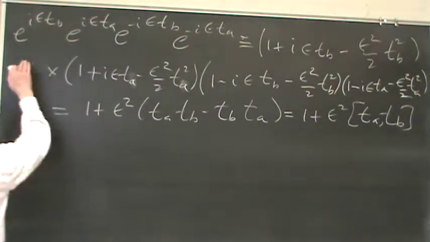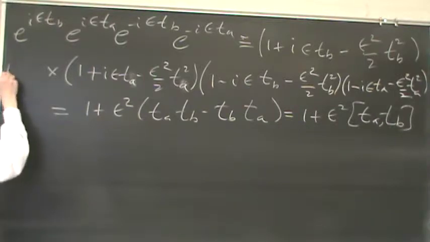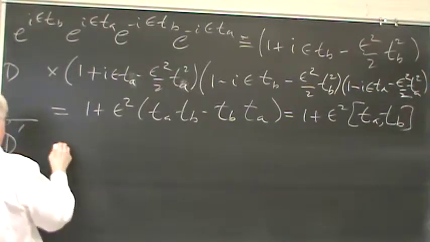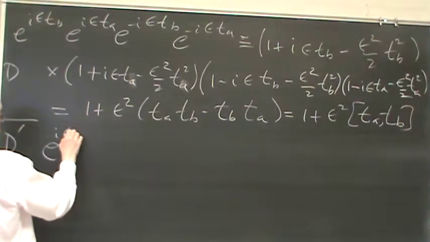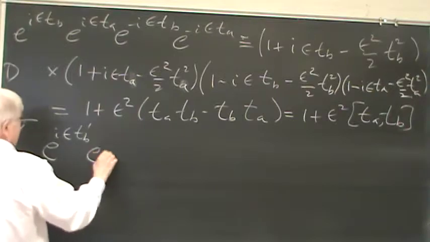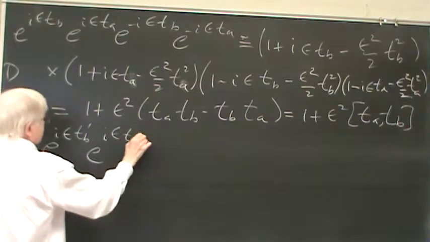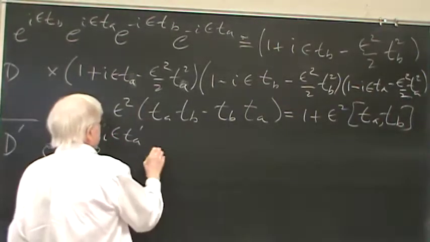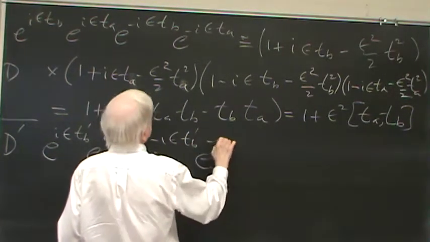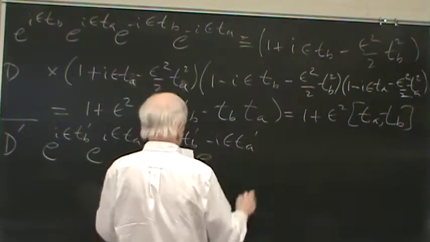But now, this was the representation D. For the representation D prime, we would simply have e to the i epsilon TB prime, e to the i epsilon TA prime, e to the minus i epsilon TB prime, e to the minus i epsilon TA prime.